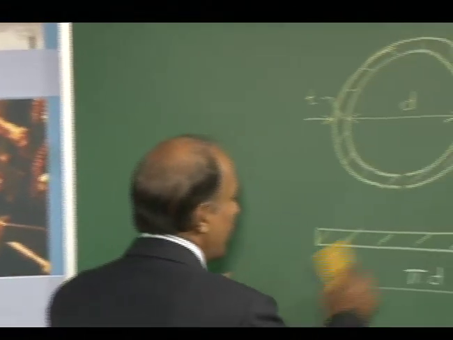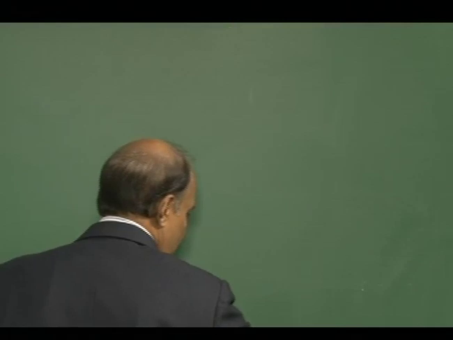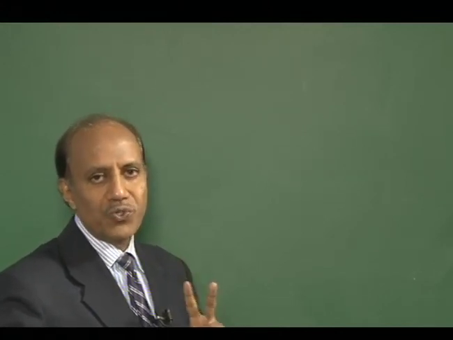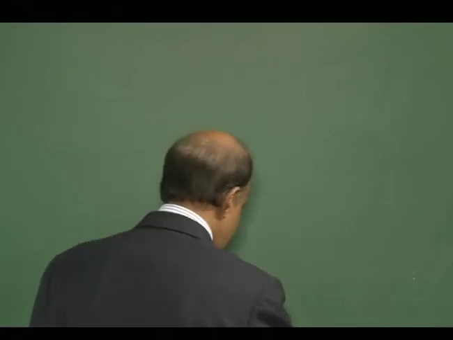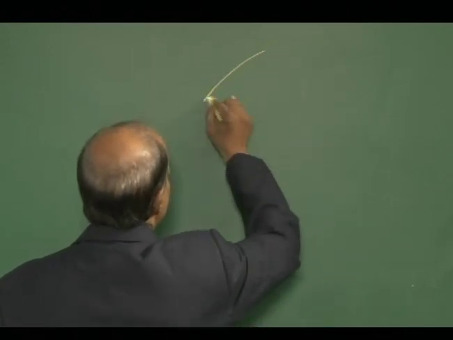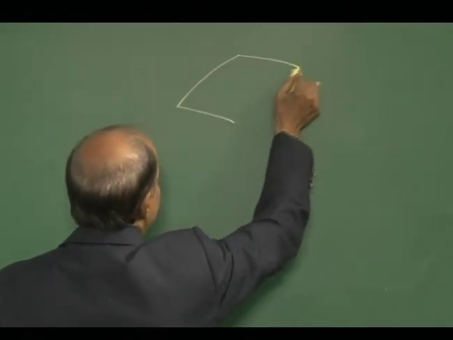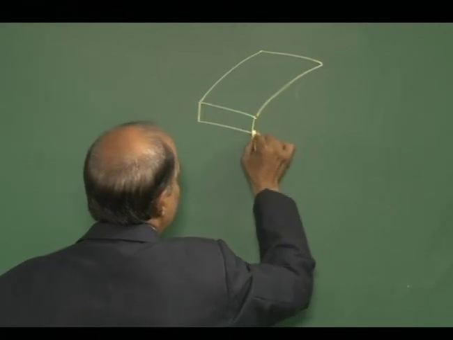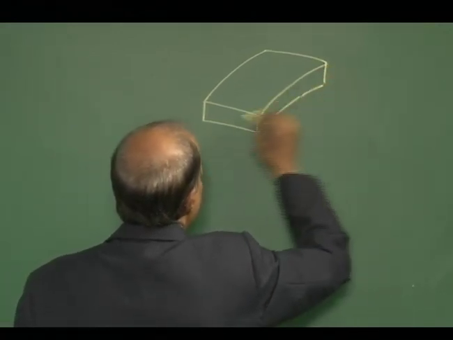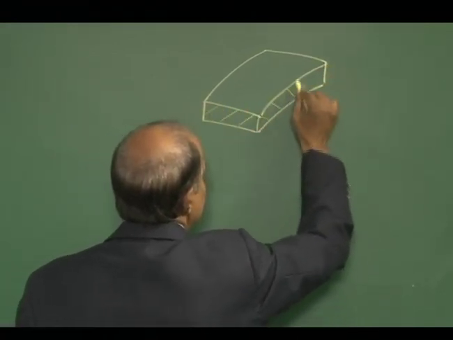If I come back to my element, I am talking about a thin cylinder. In a thin cylinder, as we understand, the element has only 2 stresses, the circumferential stress and the longitudinal stress. So, if I talk about an element like this, that is the wall thickness.